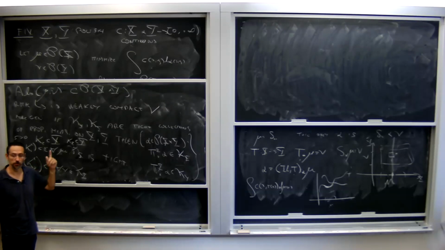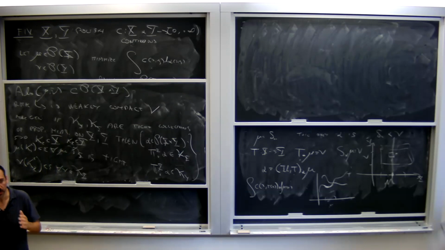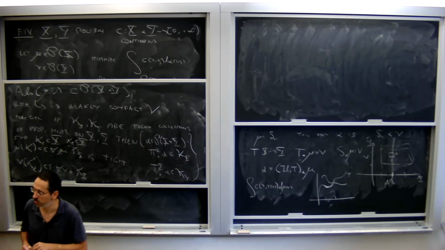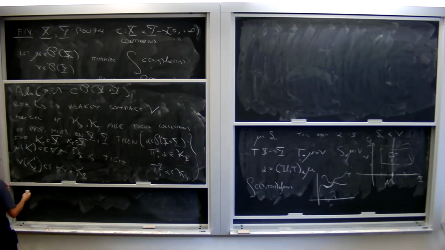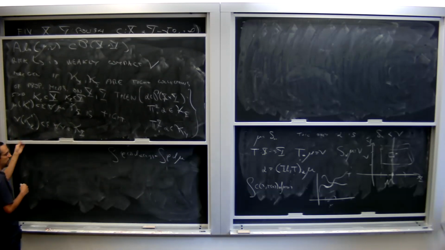Now I have compactness, so I would love my functional to be weakly lower semi-continuous, so that the direct method of calculus of variations applies. And let's look at this.